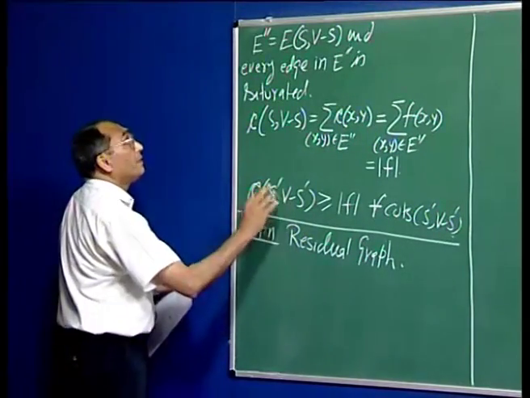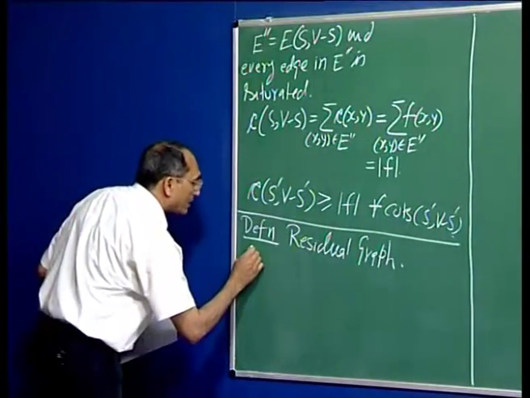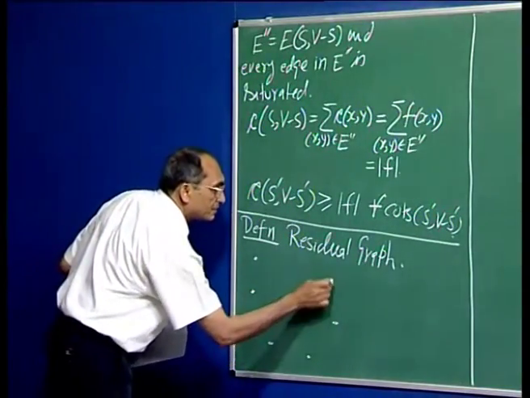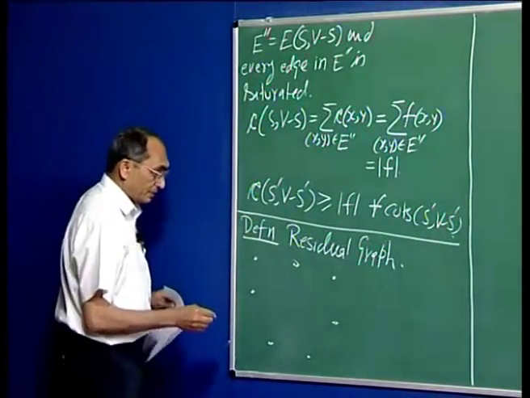So, in our network graph, we have V, the set of vertices.